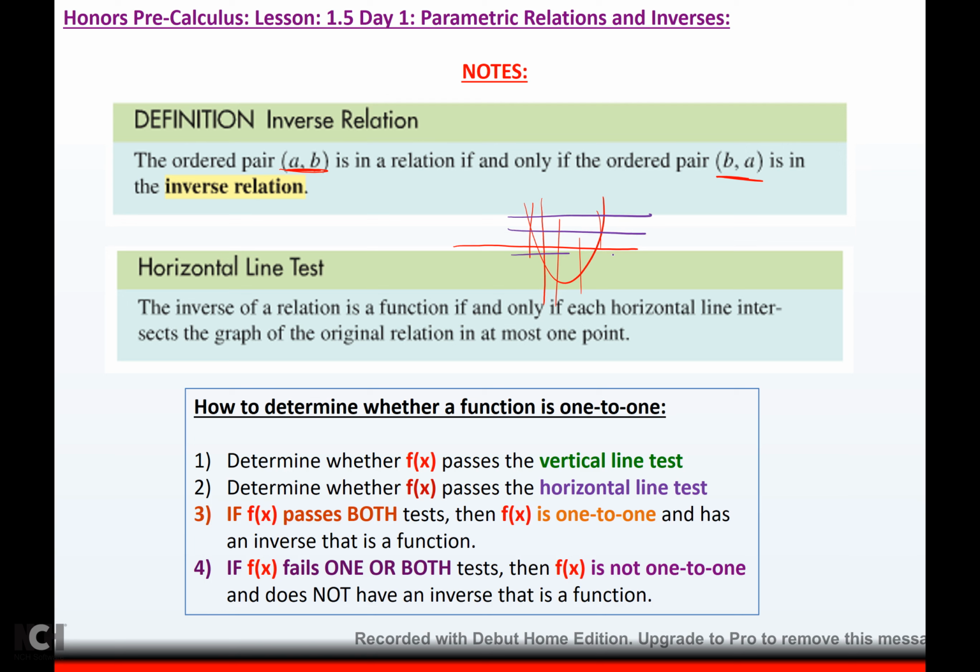Its inverse, however, will not be a function because it doesn't pass the horizontal line test. Okay? Now, they're going to talk about a function being one-to-one. A function is considered one-to-one basically if it passes the vertical line test and the horizontal line test. If it passes both, then the function has an inverse that's a function. If it fails one or both of the tests, then it's not one-to-one and does not have an inverse that's a function. Okay?